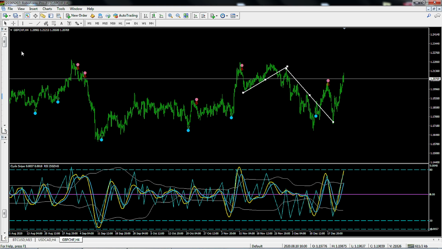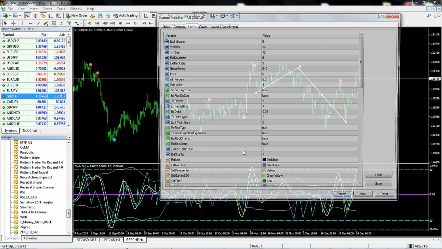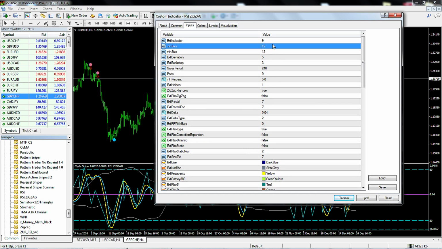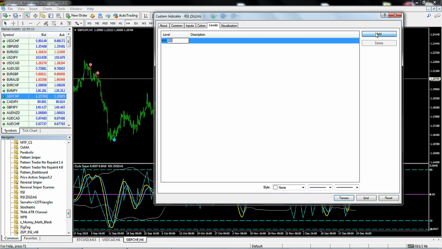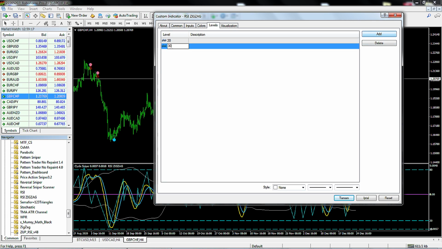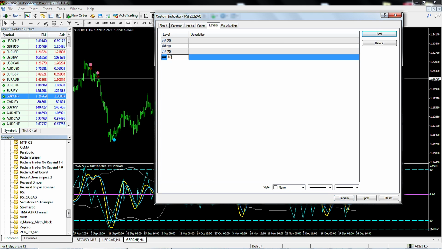The second settings we can use for RSI ZigZag: right now, 21, 16, 8. The levels 20, 30, 70, 80.